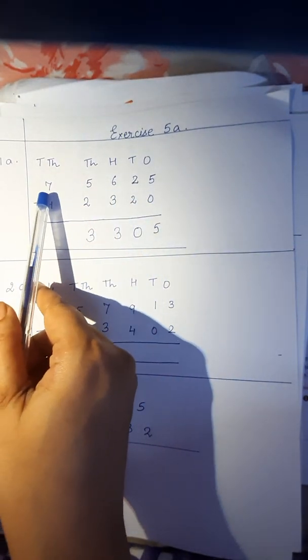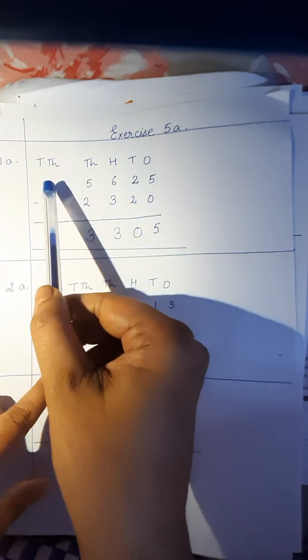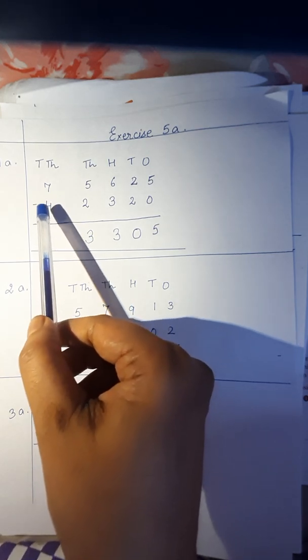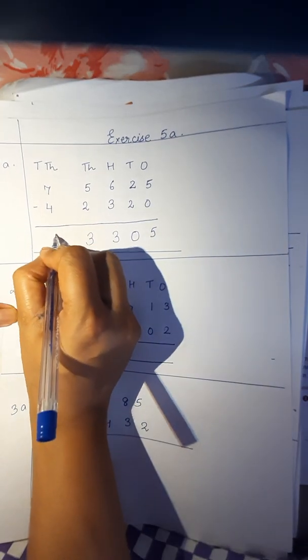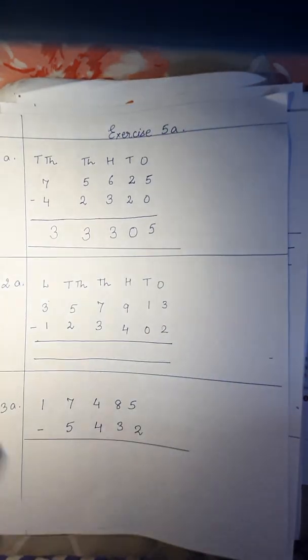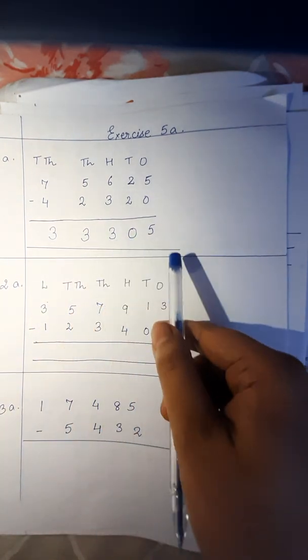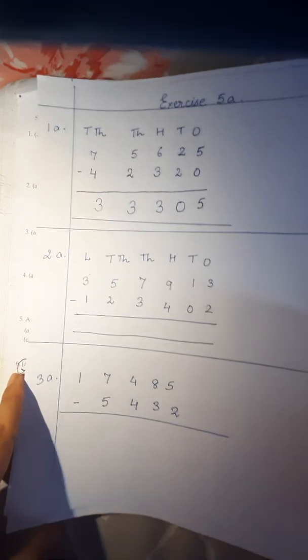Now the last column is left, that is 10,000s place. So here we have 7 and 4. 7 minus 4, what will you get? 3. So what is your answer? 33,305. Okay, so let's do the next sum.